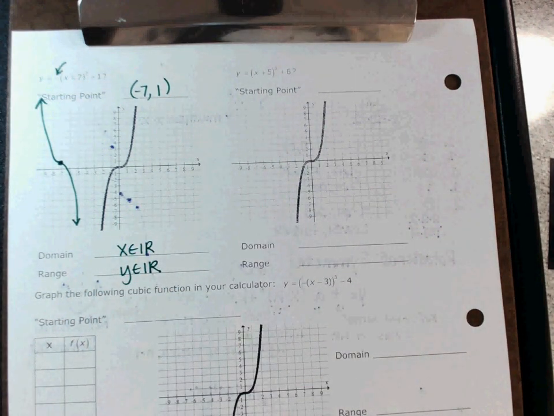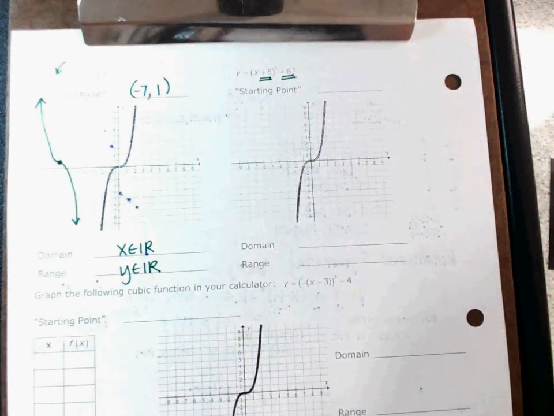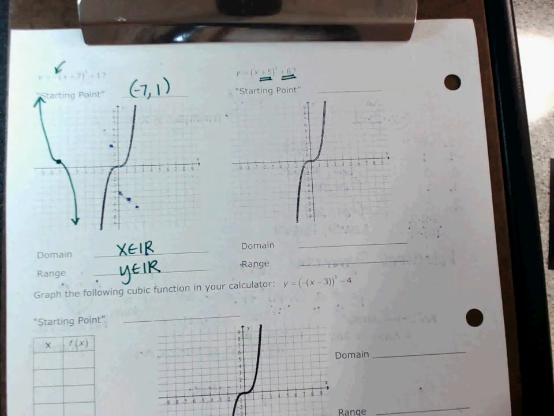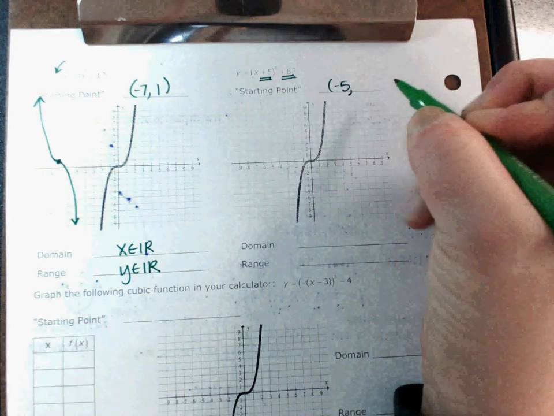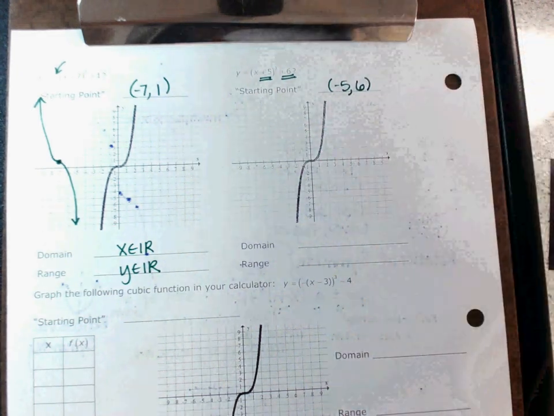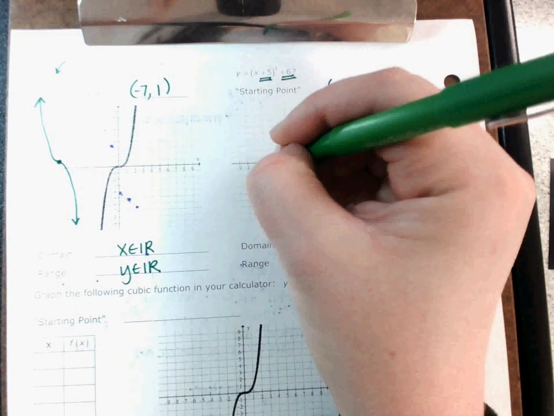Okay? One more like that. Look at the next one. Okay, we have a plus 5 in here, a plus 6 out here. Plus 5 is going to turn into a what? Negative 5, and the plus 6 will turn into a still plus 6. So negative 5, 6 is going to be here.